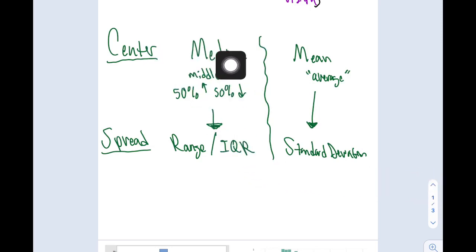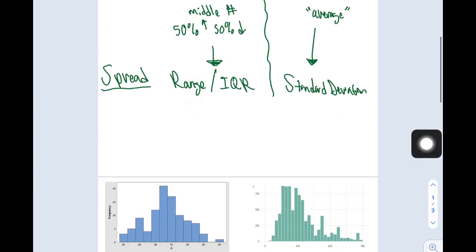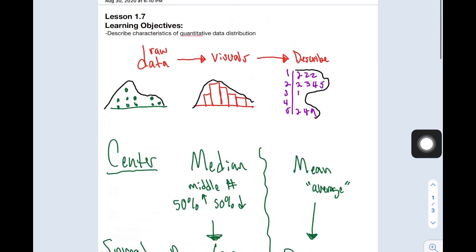All right, so the center describes where is the center of your data distribution. The spread, we're talking about how spread out is all the data. And the range, remember what the range describes. It's the max minus min, and the IQR is Q3 minus Q1. This all helps us to define how close or how clustered or how spread out our data is.